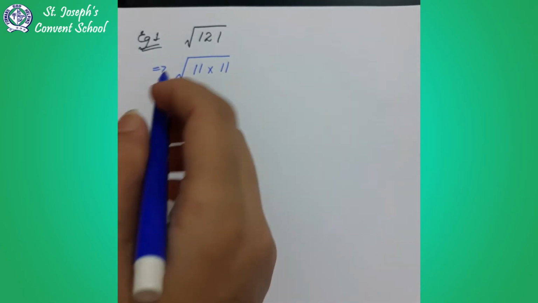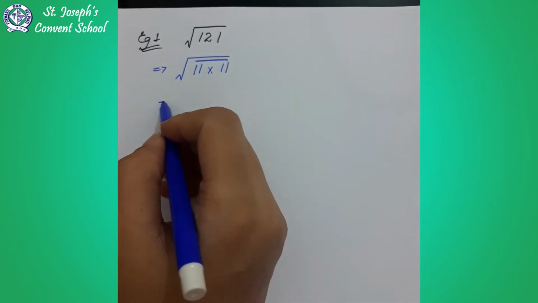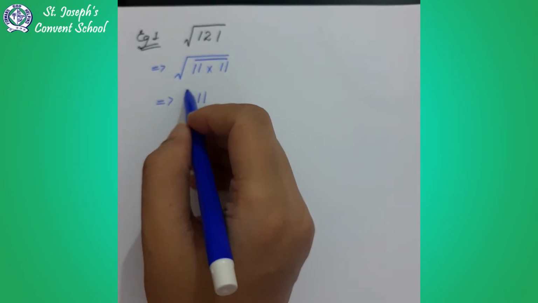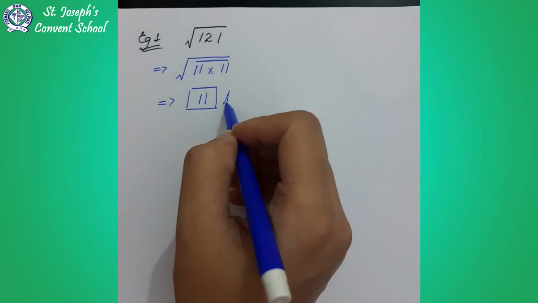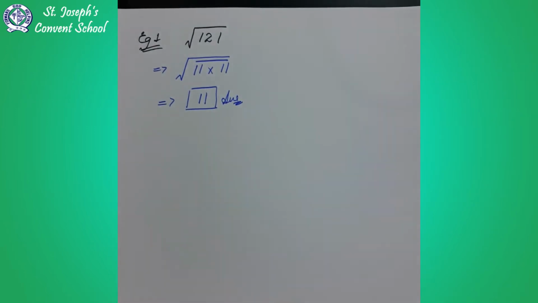Okay, so this is a pair. 11 into 11 is a pair. On a pair you write it once without the root sign. So 11 is the answer. Okay, so you have to check in which table it goes and then make pairs, and for a pair you write it outside the root sign once. Okay, remember this.